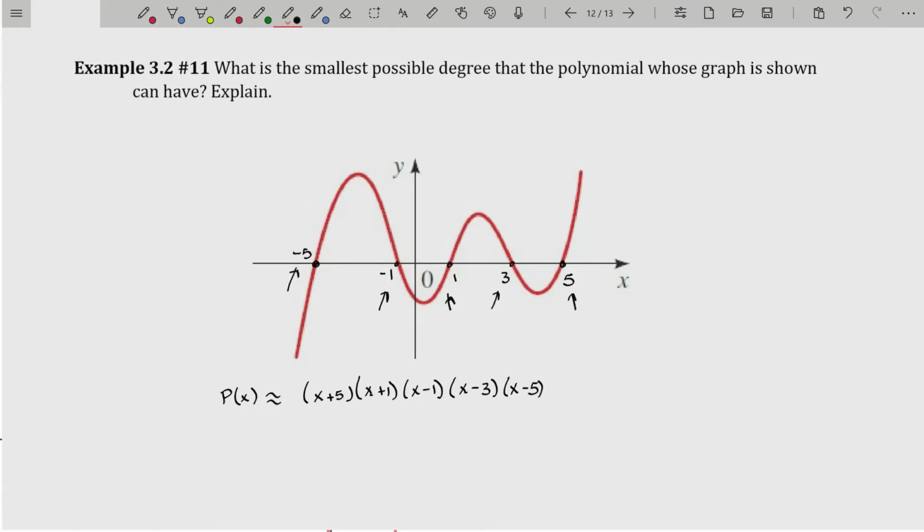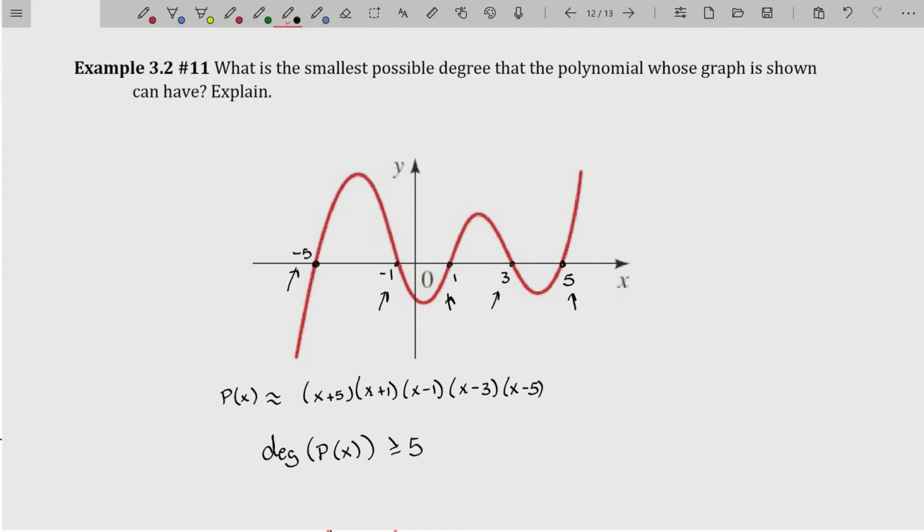So I could easily count those up. 1, 2, 3, 4, 5 factors, and each of them have a power of 1. So I think that the degree of this polynomial, which I'll just call p, is at least 5.